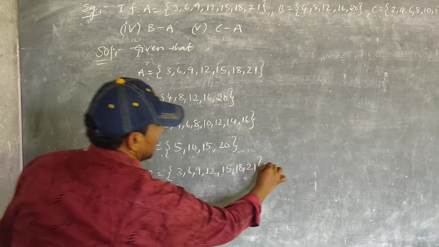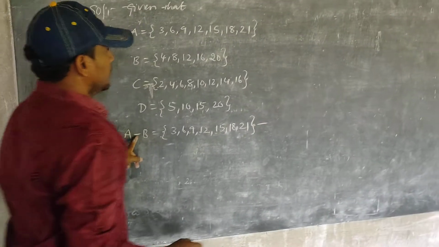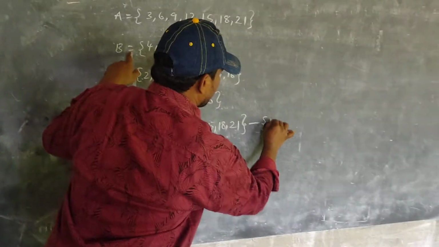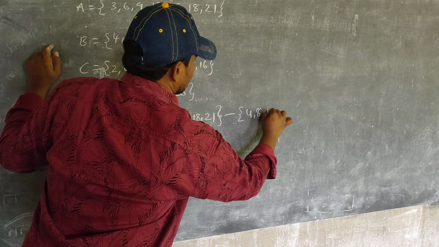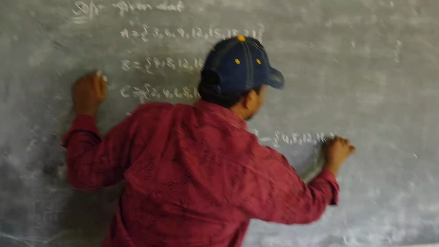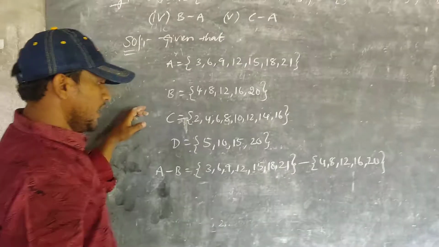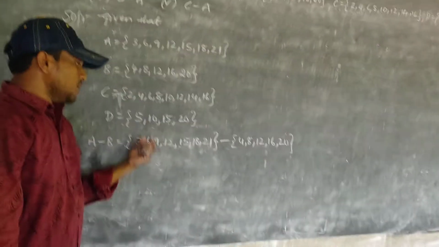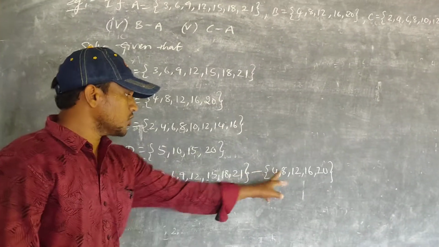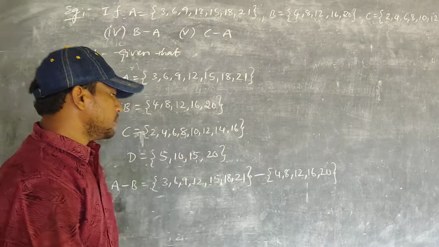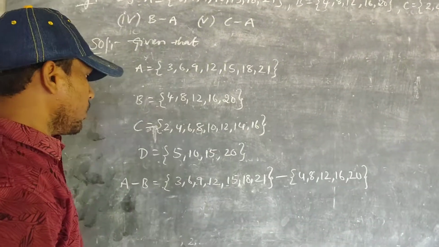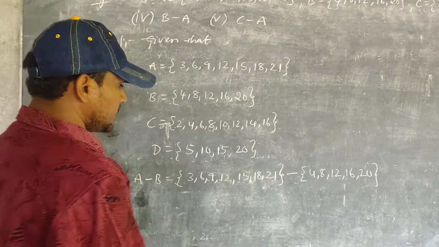Then find out A minus B here. Set B is 4, 8, 12, 16, 20. A minus B means elements which belong to A but do not belong to B. Here the common element is 12.